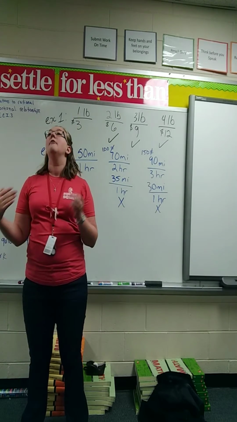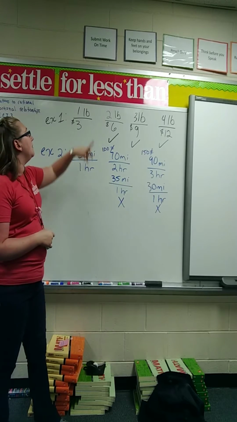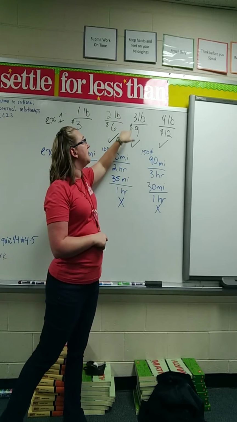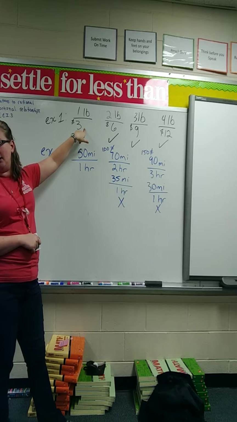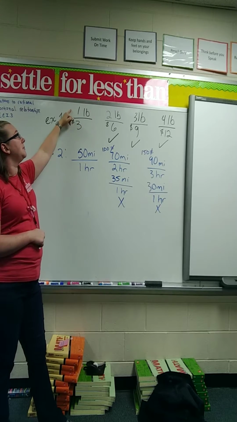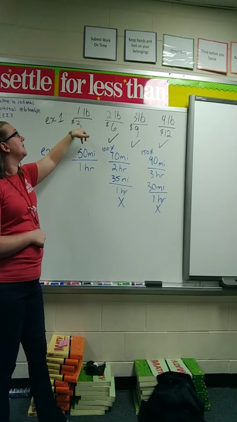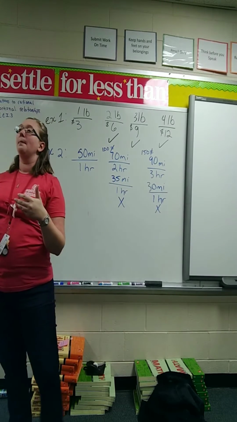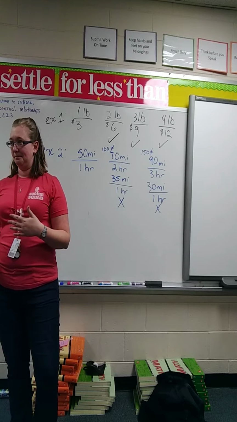You could say that 3 pounds over $9 simplifies to 1/3, which is our constant of proportionality. Or you could say that multiplying from 1 pound to 3 pounds says we multiply 3 times 3 and that gives us 9, which is still true. So in some way you're going to have to be able to tell me why.